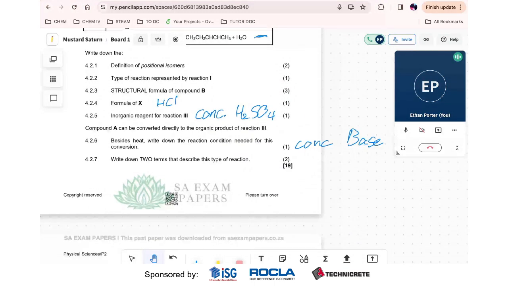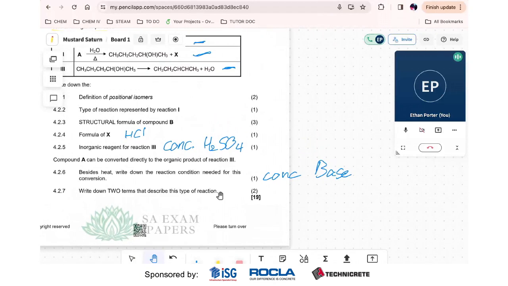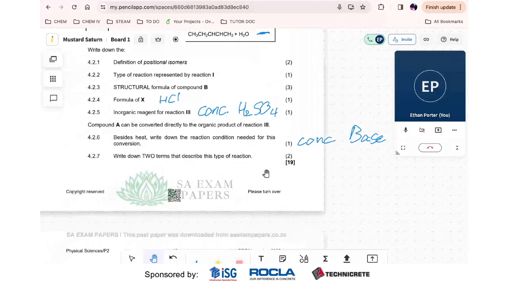Okay, so finally, the last question. Write down two terms that describe this type of reaction. Essentially, the reaction of converting the haloalkane directly back into the alkene, you can think of it as eliminating some atoms from the molecule.